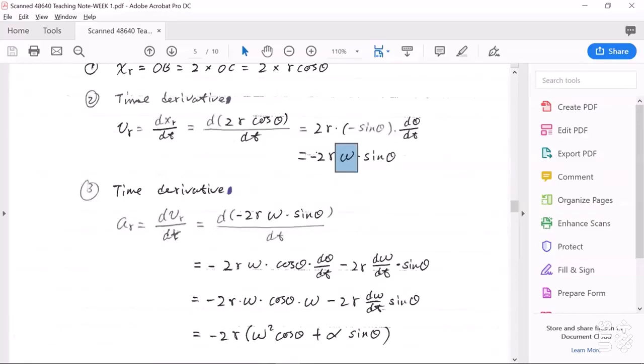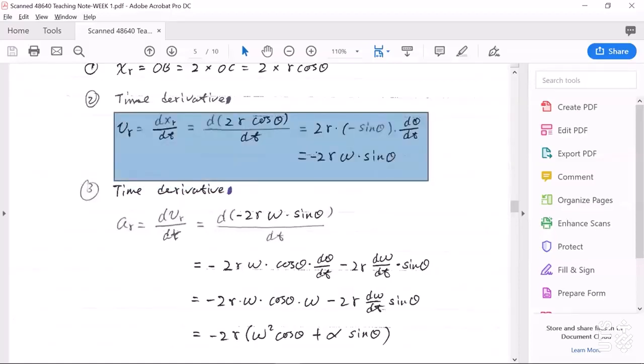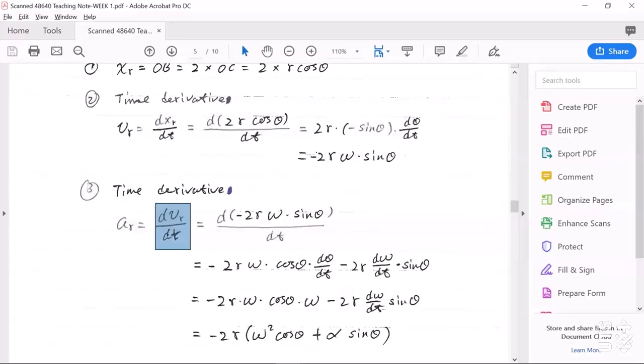Do time derivatives on both sides of this velocity equation. On the left side, dvr dt gives us alpha r.